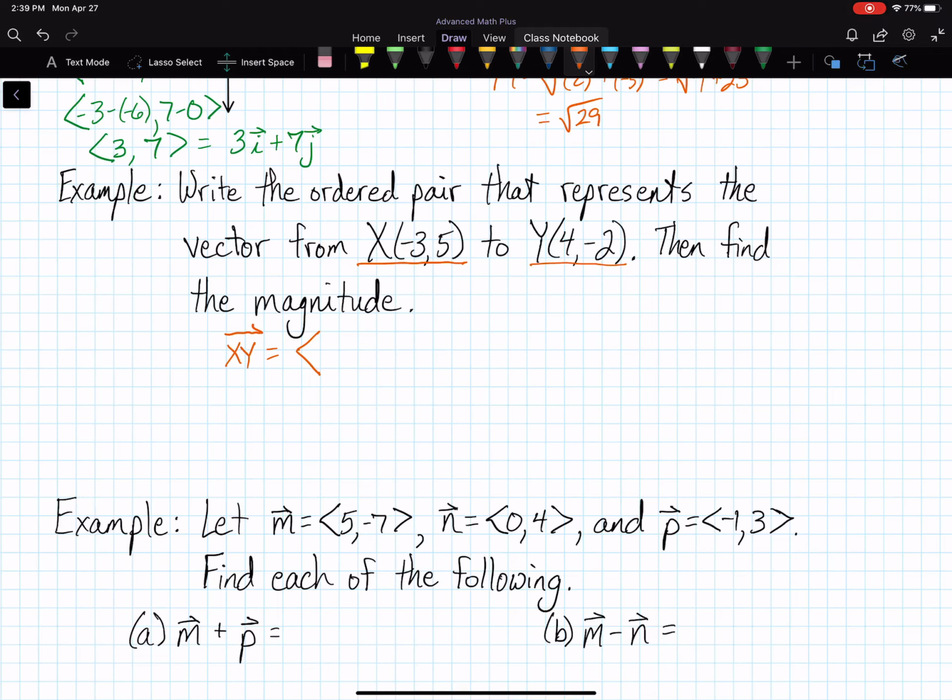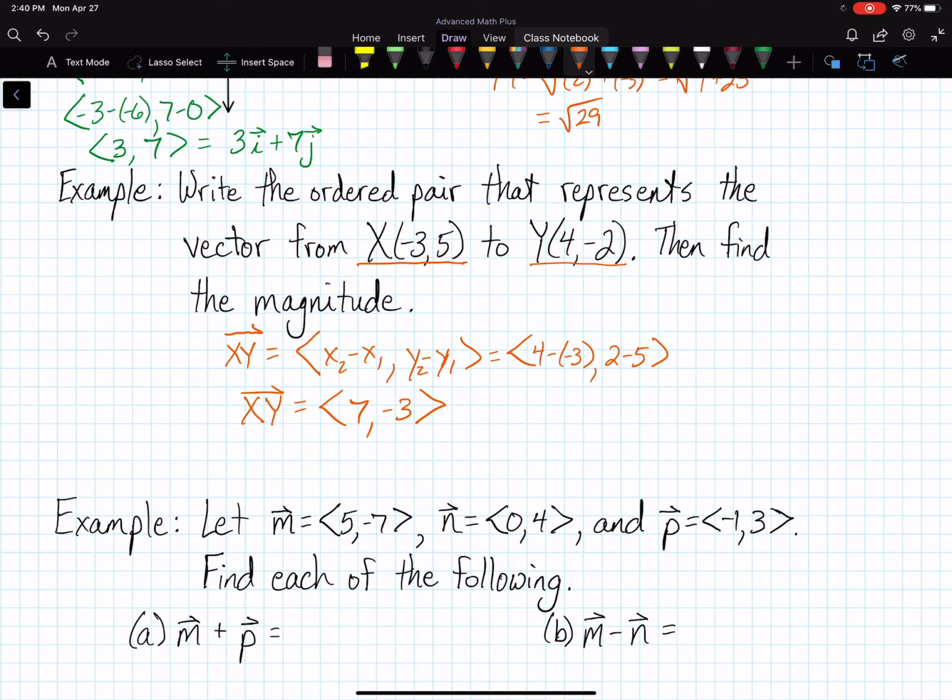So I do x2 minus x1, y2 minus y1, which will be 4 minus negative 3, negative 2 minus 5. So vector xy can be written as 7, negative 7. That means we're going to the right 7, down 7 for that vector.